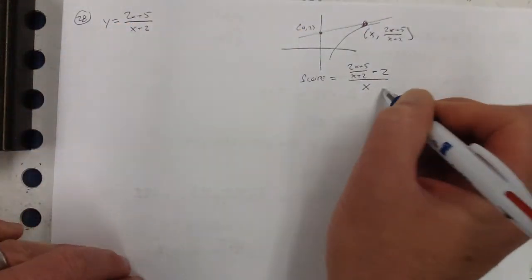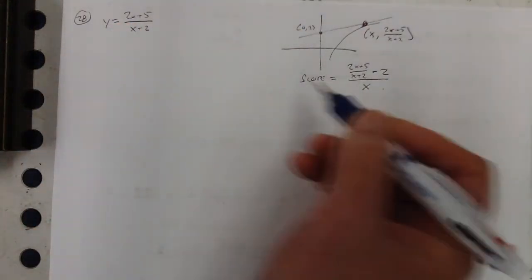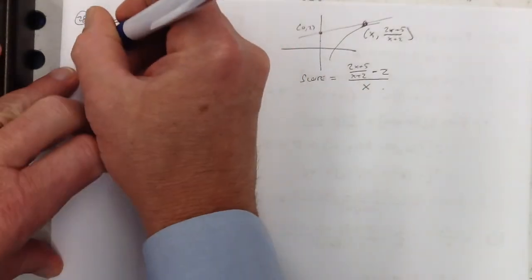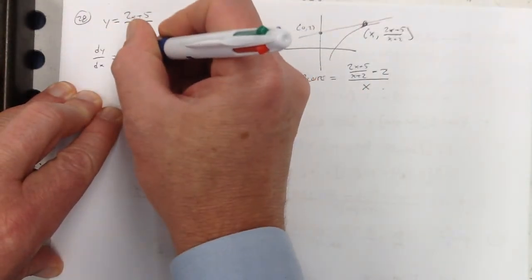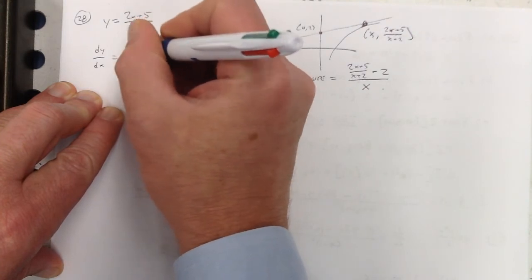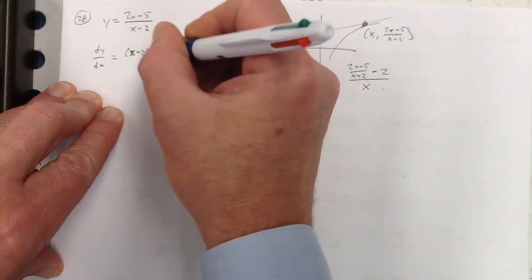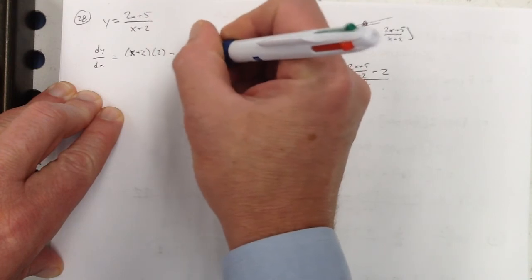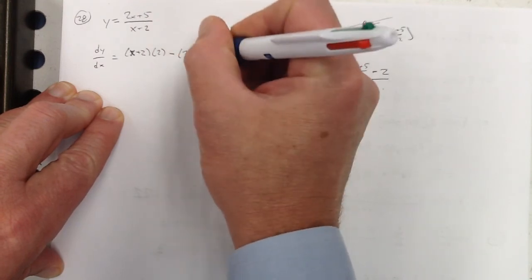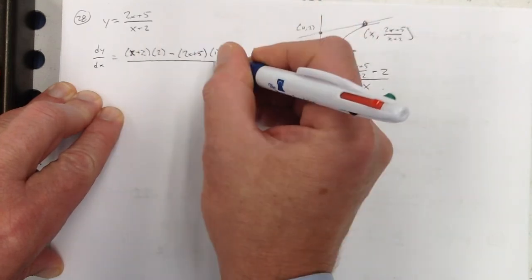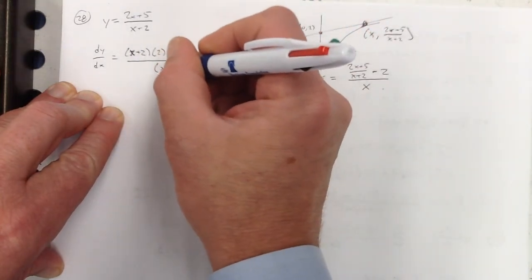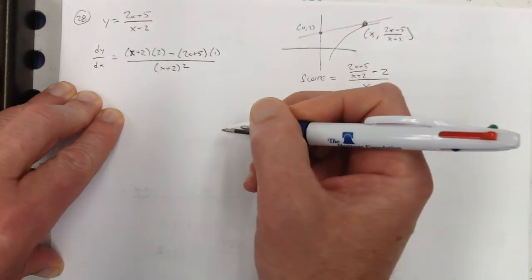So the slope is that, but of course the slope also has to be equal to whatever the derivative is, because that's what a derivative is. So that's low d high minus high d low all over low low.